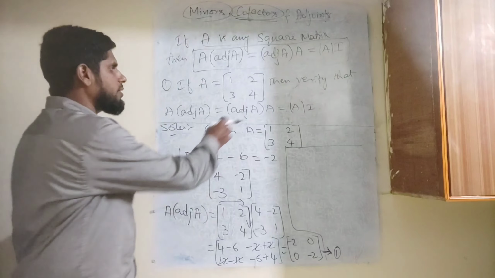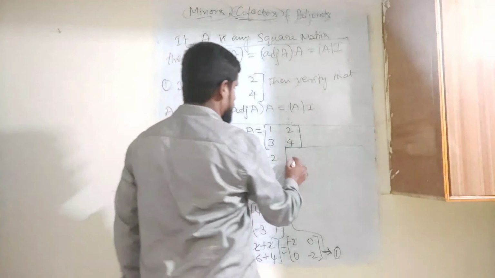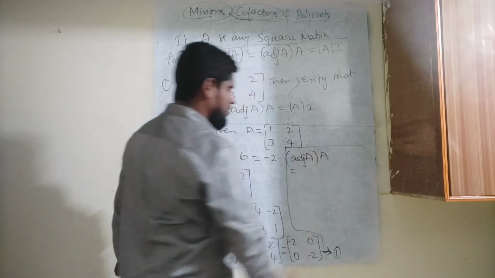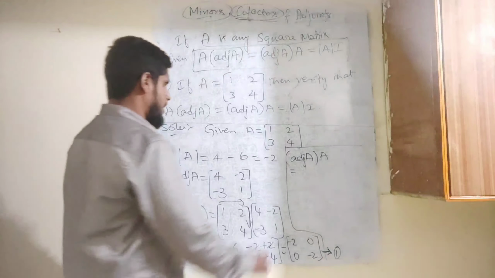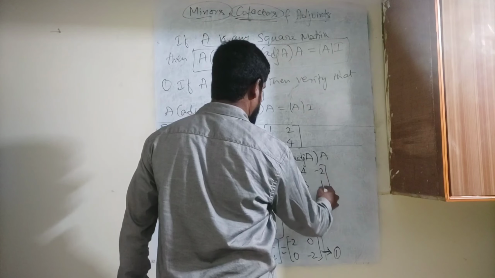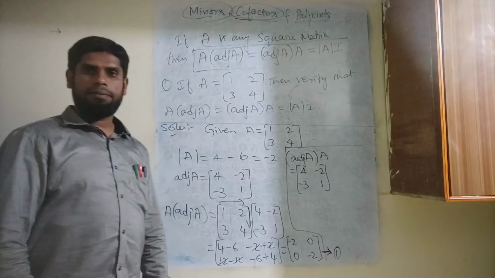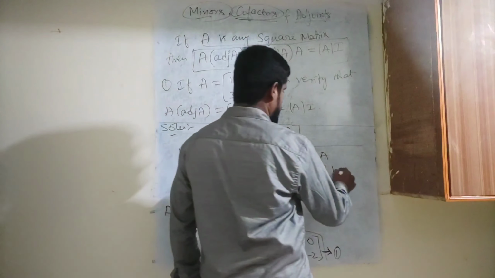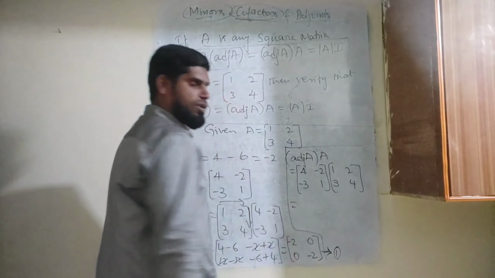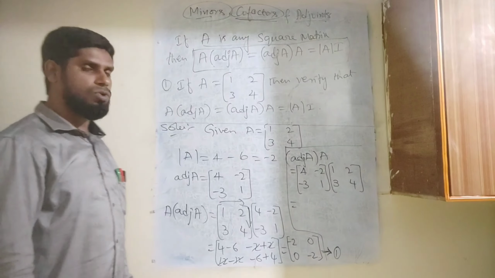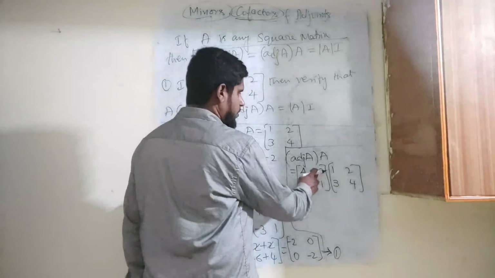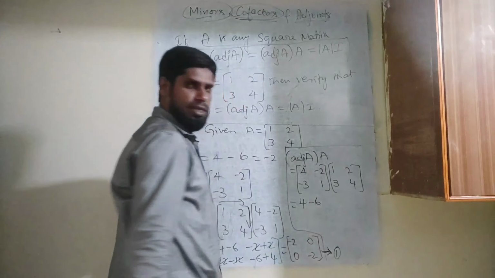Let us move to the second part, that is adjoint A into A. First I write adjoint A, [4, -2; -3, 1], then matrix A, [1, 2; 3, 4]. Again the same process, first row to first column, element to element. 4 into 1 is 4, minus 2 into 3 is minus 6.